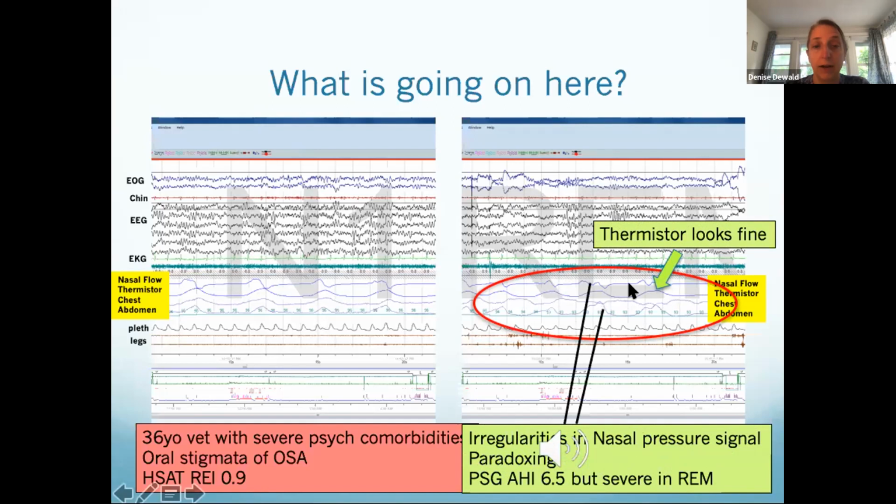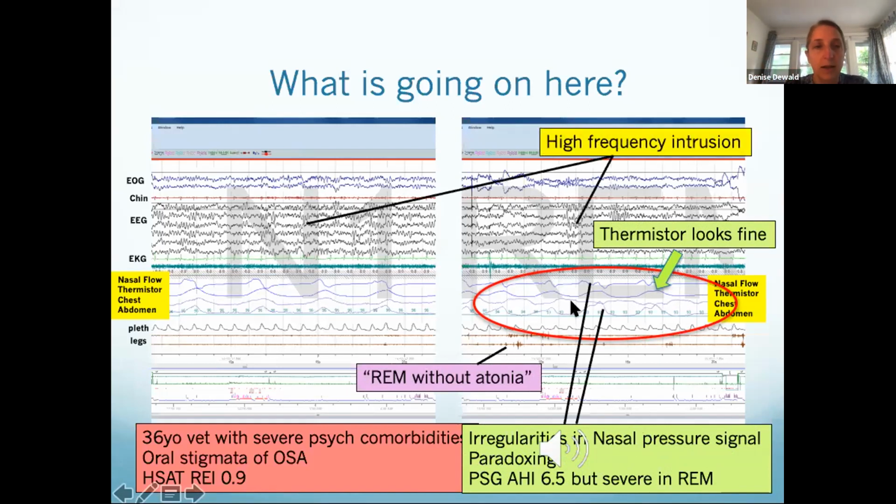There are these irregularities in the nasal pressure signal. And then you've got all of this junk in the REM. This is REM without atonia, based on all the little random movements. There's also a lot of high frequency intrusion in the EEG, and this guy had this going on throughout his sleep study.